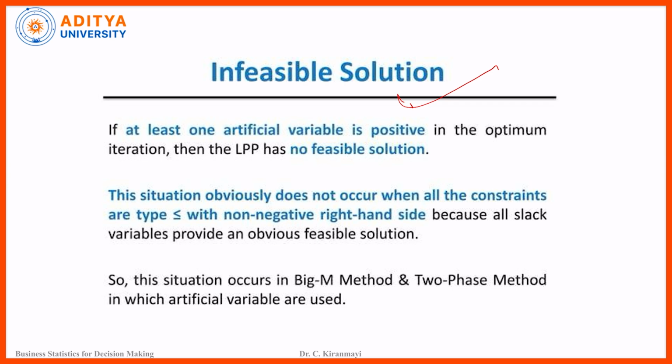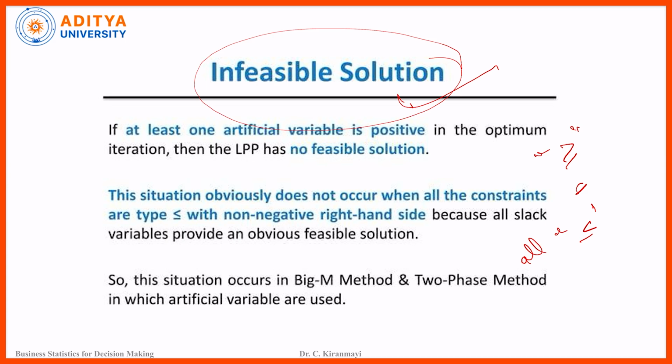This kind of infeasible solution may occur when the constraints are of greater than type or equal to type. If all constraints in the linear programming problem are of less than type, then we do not have the case of infeasible solution.